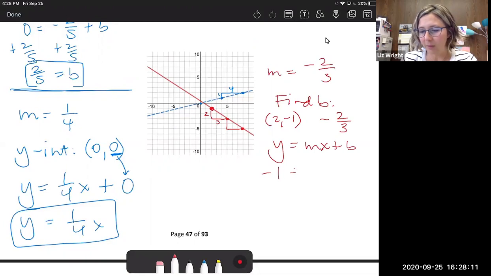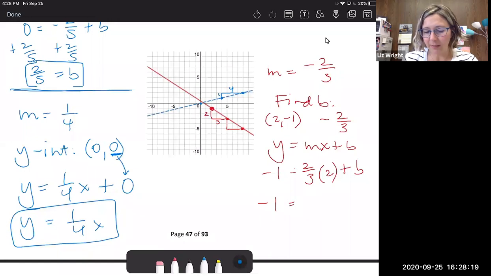So then plugging my information into y equals mx plus b, it's going to be -1 equals 2/3 times 2 plus b. And I'm sorry, this should be a -2/3. I think my negative kind of melded into my equal sign a second ago. So we've got -2/3 times 2, and that's going to be -4/3. And we're going to add that 4/3 over.